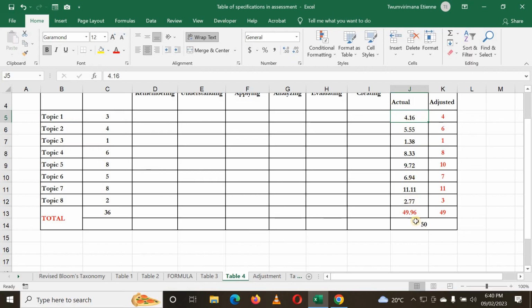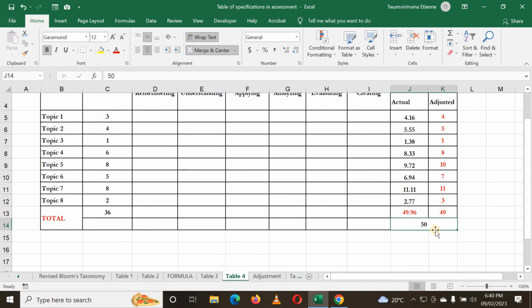If you add this, you have 49.96, which is less than 50. If I take here 5 and add all these items, you will get 49, which is less than 50, and you must have 50. The sum must not be less than 50 or greater than 50.